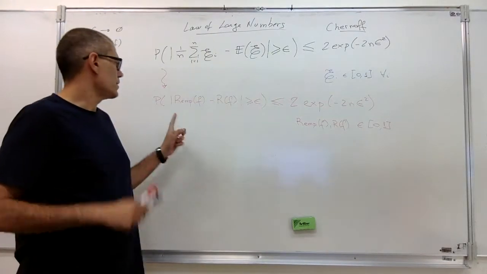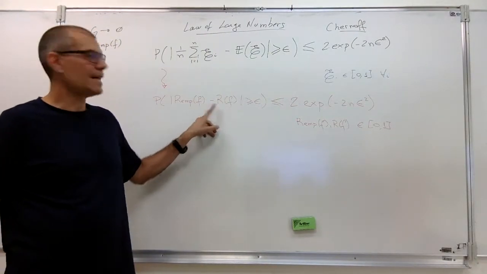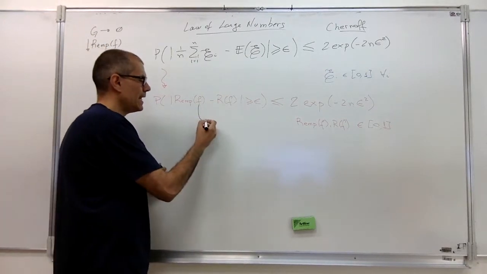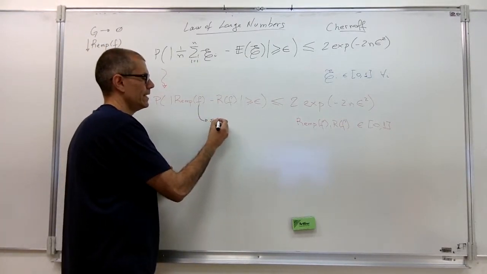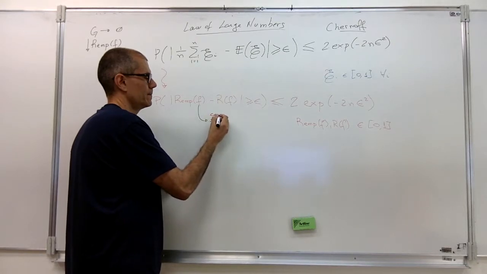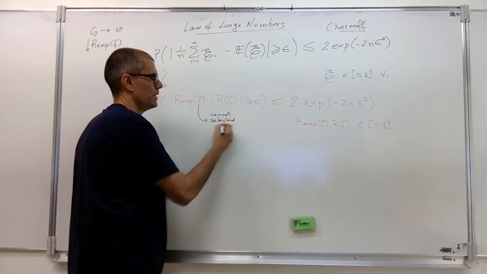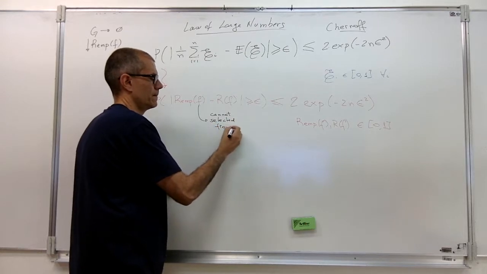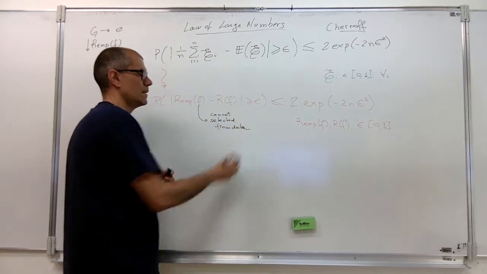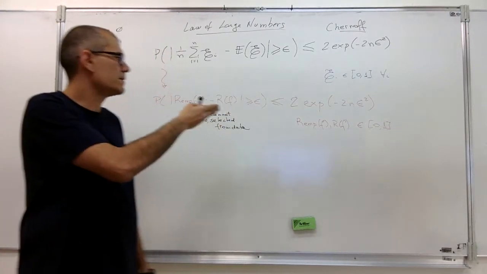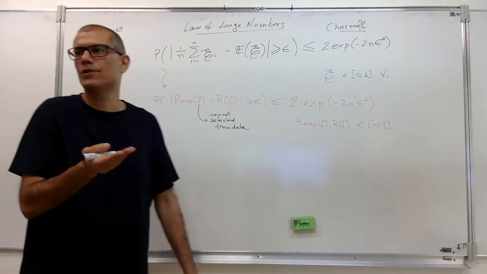So this is ensured just for a single function, and that function, remember, cannot be selected from data. Let me write: cannot be selected from data. This is directly valid because that's just an application of the law of large numbers.